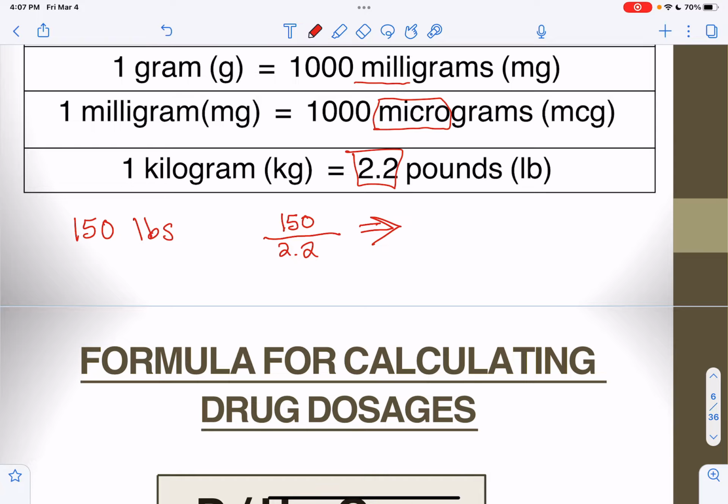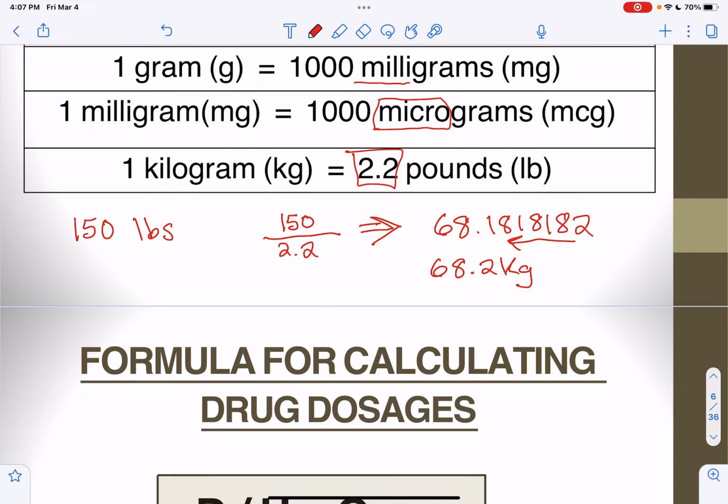That is 68.18182, so we're going to round that to 68.2 kilograms, which is how much our patient weighs in kilograms.